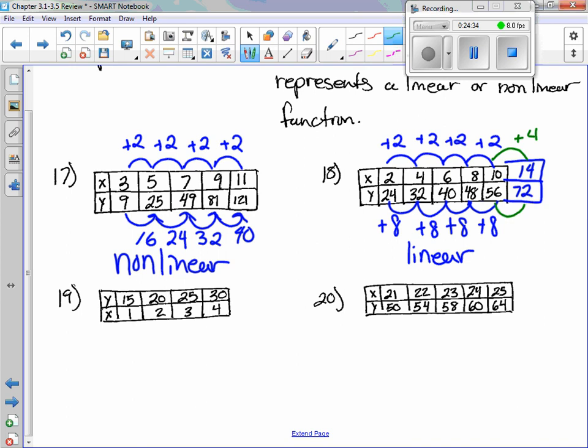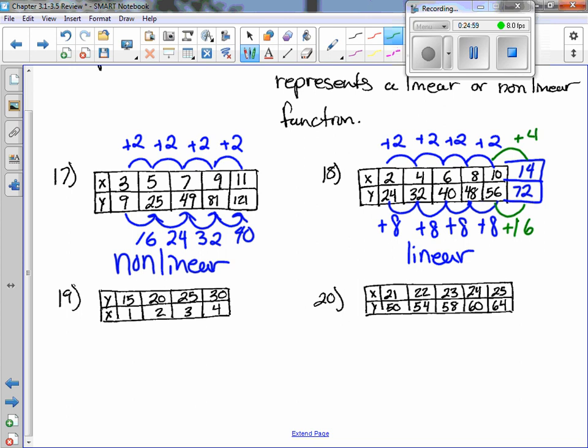See what the difference is. 8. 16. Would this still be linear? Yes.